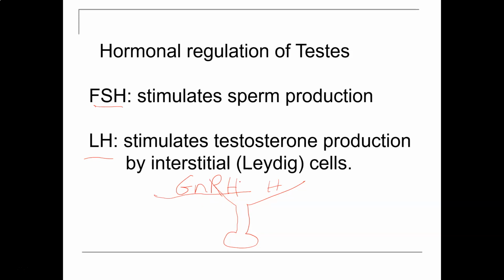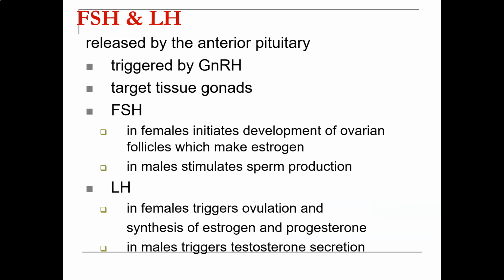Anyway, that's made in the hypothalamus, and then it goes down to the pituitary and stimulates FSH and LH both. Recall that these two hormones share a releasing hormone. And what do those hormones do? Well, to remind you, you'll also have to know it for females, but I'll review it when we get to the female. But let's just focus on males right now.